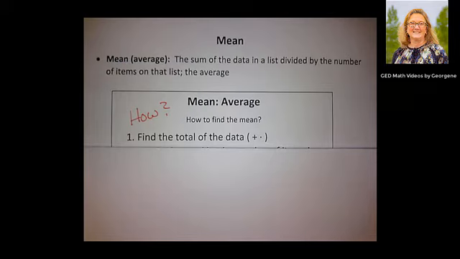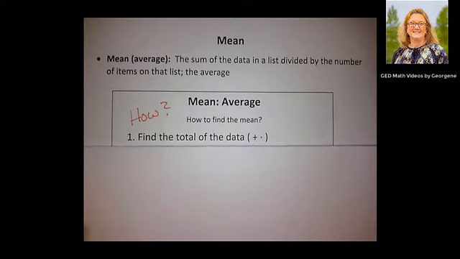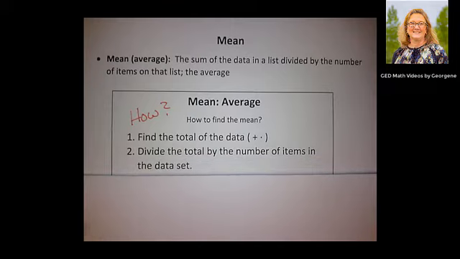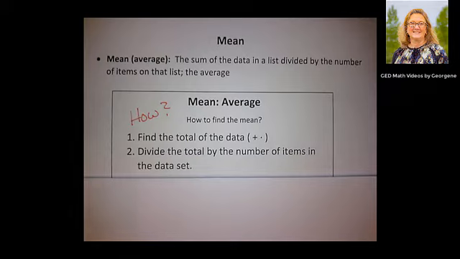Depending on what the problem is, we will either simply add up all the numbers, or sometimes first we might have to multiply if we have a frequency chart. We'll get into that later. But we find the total of the information and then we divide that total by the number of items in the data set. That's really the how.